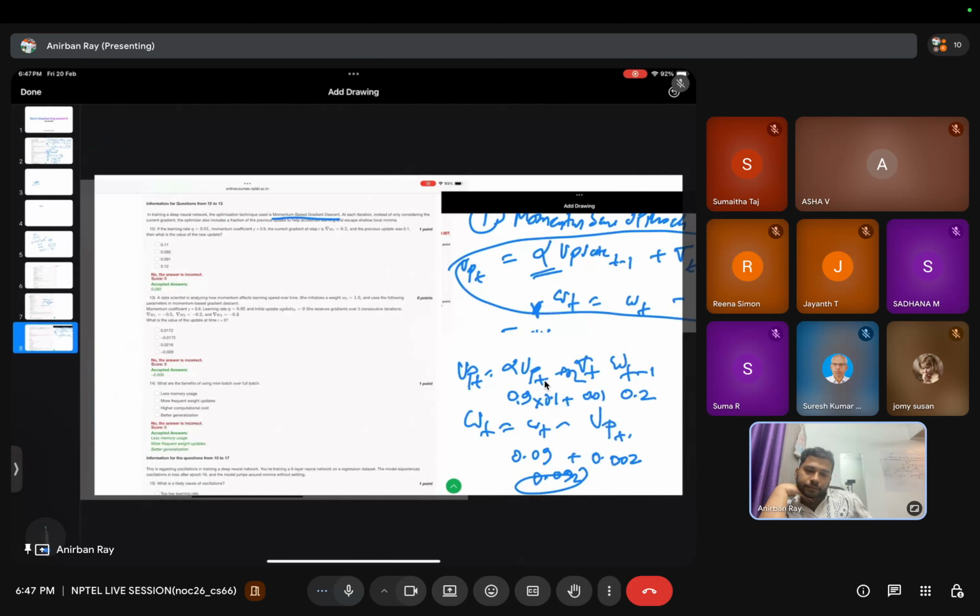Clear? Very nice strength, but nobody is responding. Are you able to understand?